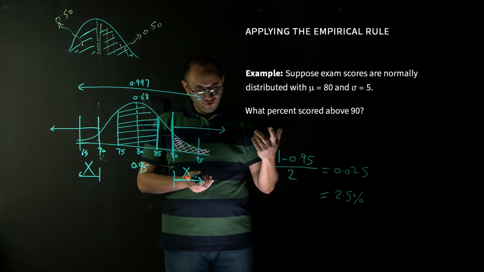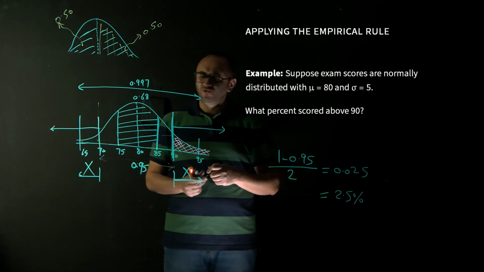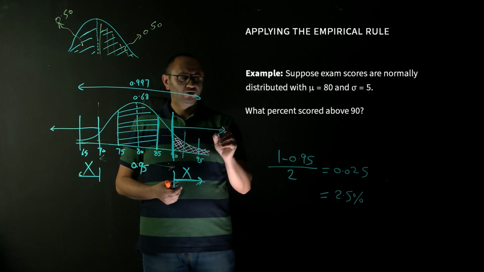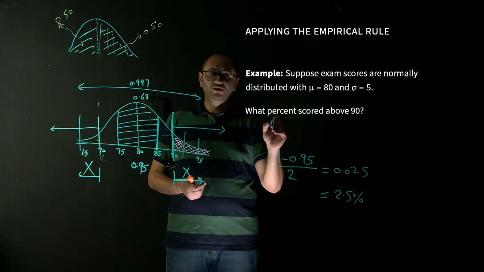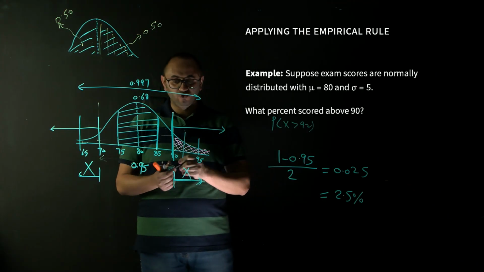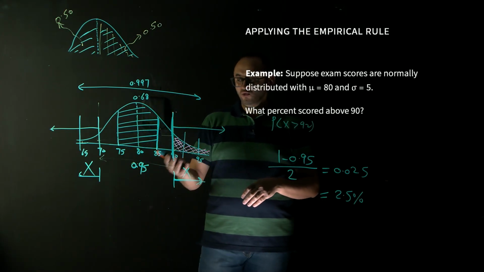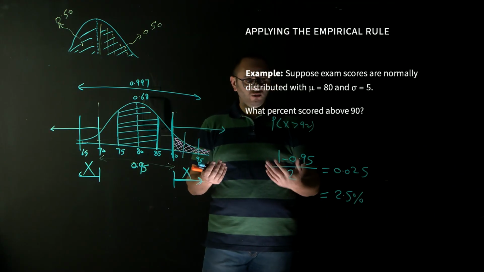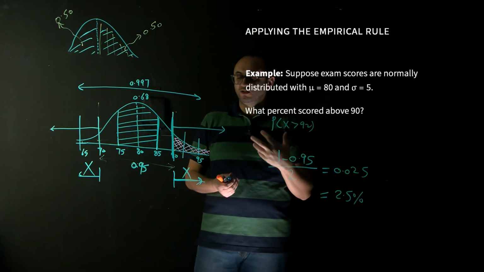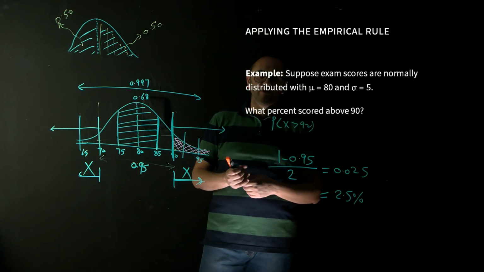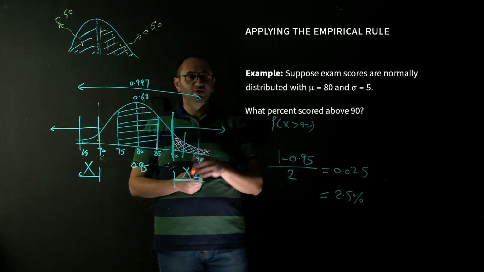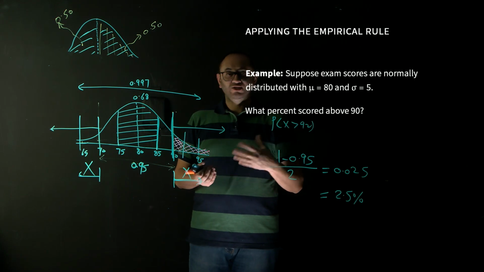All right, so some of you may ask the following question. How can we find the probability above 92? Okay, for example, what is the probability x is greater than 92? Now, 92 is not mu plus sigma or 2 sigma or 3 sigmas, right? So in this case, we can make a guess based on the empirical rule, but we cannot find the exact number because the empirical rule has restrictions.